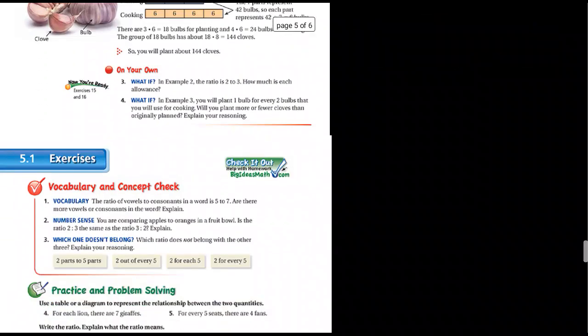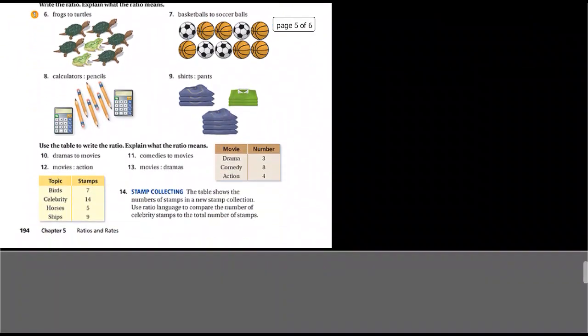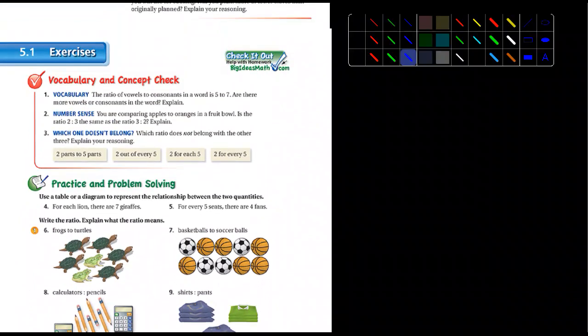All right. Let's do the first exercises. Here's what I want you guys to do. The ratio of vowels to consonants in a word is 5 to 7. Are there more vowels or consonants in the word?